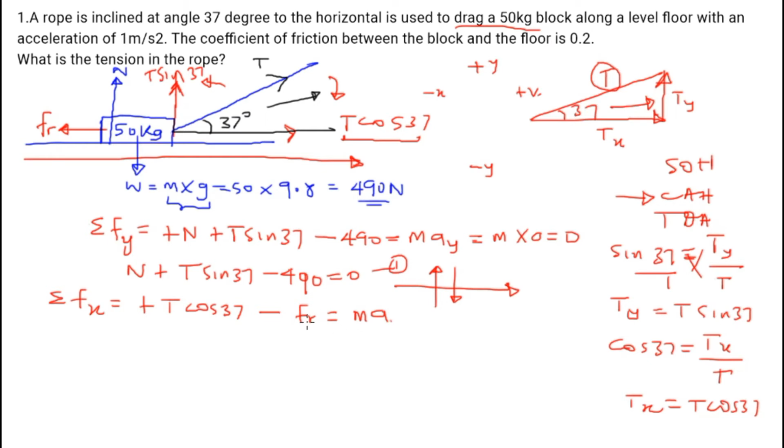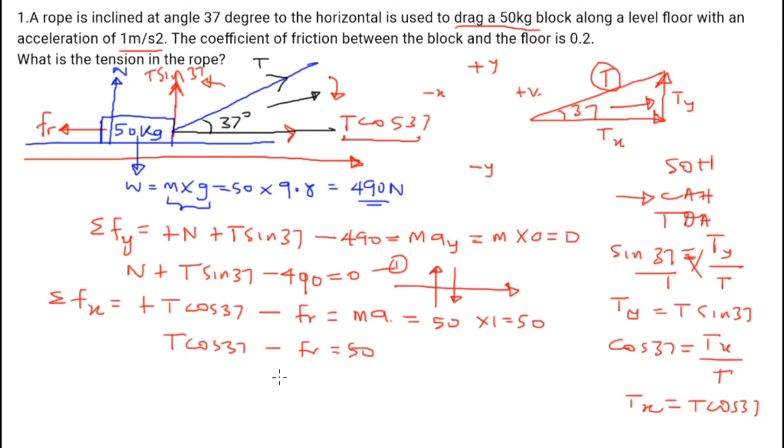The mass of the object is given in the question as 50 kg. The acceleration of the object is given as 1 meter per second squared. So that's 50 times 1, which is equal to 50. So it means that T cos 37 degrees minus Fr is equal to 50 newtons.